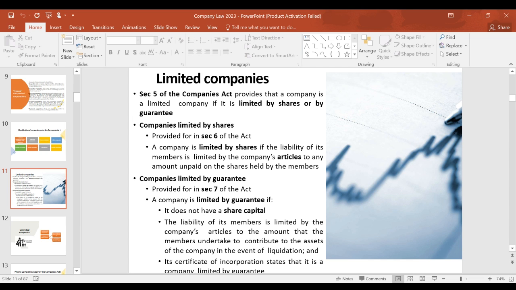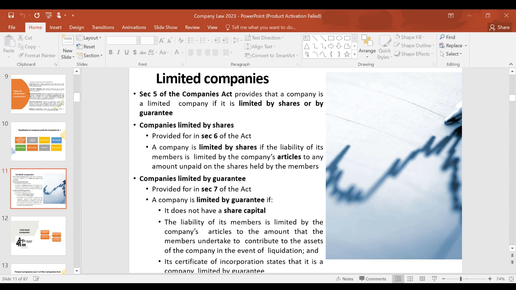Their personal assets cannot be attracted to fulfill an obligation or liability of a company in case the assets of the company are insufficient to fulfill the debts of that particular company. So the members of that company will be protected, and the only liability that will be absorbed from them will be limited to what they have contributed in terms of shareholding.